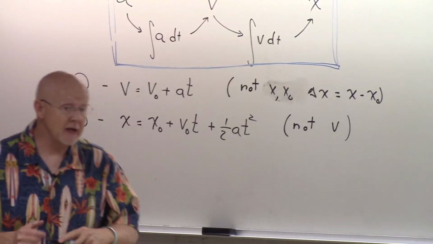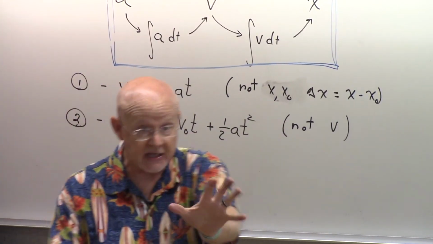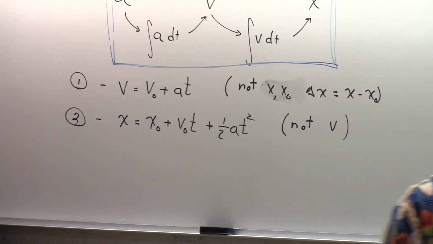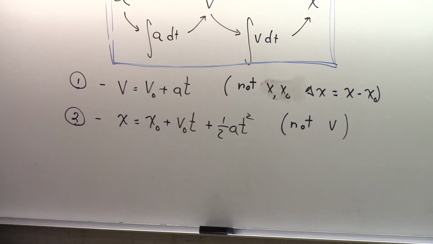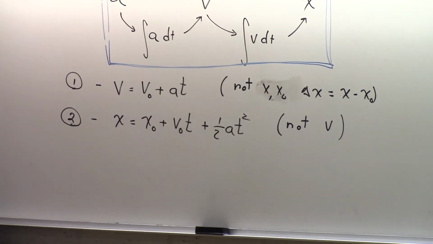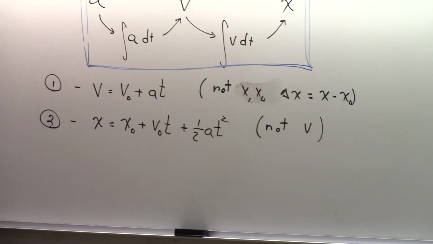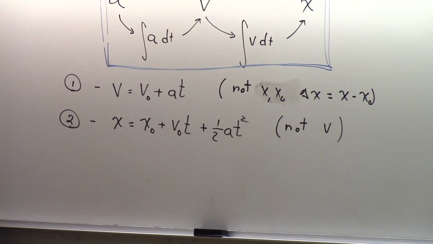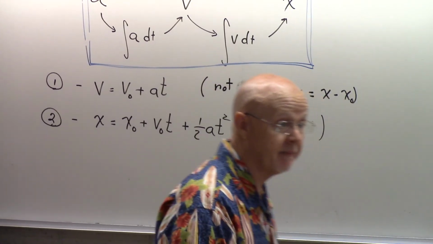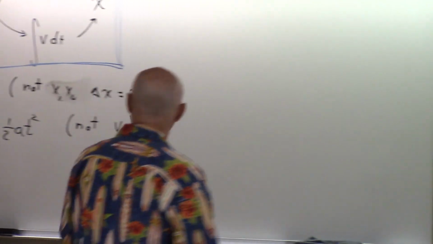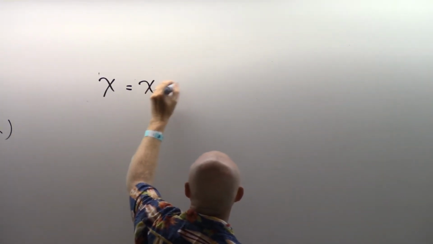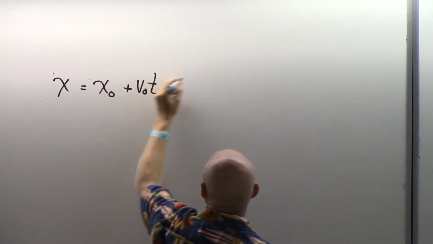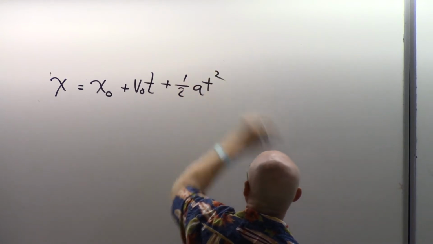So if you are ever given a problem that, first of all, has constant acceleration, that's a must, but they don't tell you the final speed, and they don't ask for the final speed, equation number 2 is your go-to. That's what I'm trying to point out. And that's what I'm going to do right here. I'm going to say how far did it go in 3 seconds, and I'm going to use equation number 2. So equation number 2 would be x equals x naught plus v naught t plus 1/2 at squared.